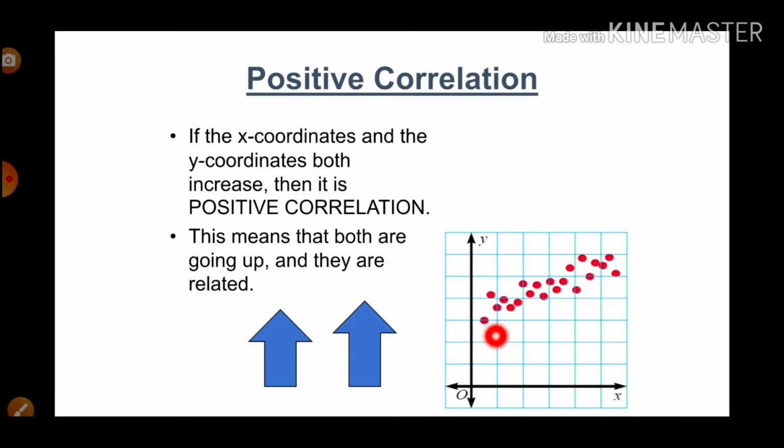For example, let's say x is age, like 5 years old, and the height is 100 centimeters. Over here, x is 18, age 18, and the height is 180 centimeters. As the age increases, the height, the y value, also increases. Along the line, we call it positive correlation between those two sets of data.